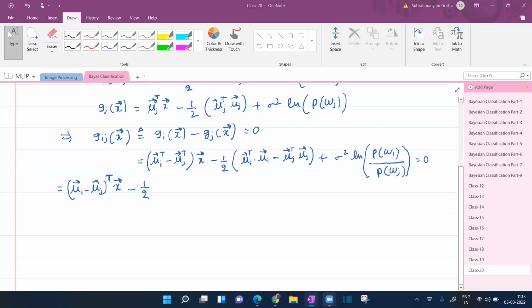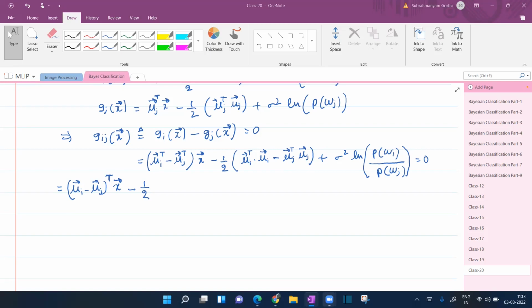do you see that mu i bar transpose into mu i is like x square minus a square minus b square term is what you have there. So I could write it as a plus b into a minus b.